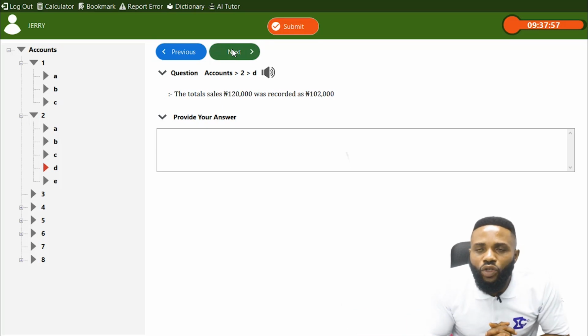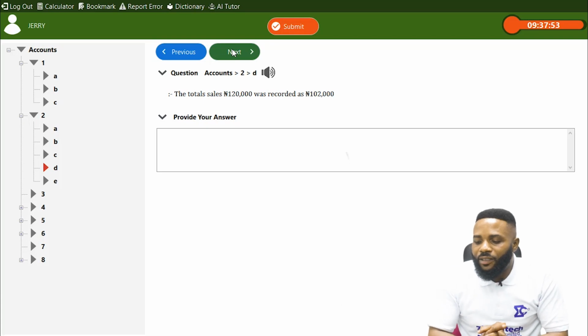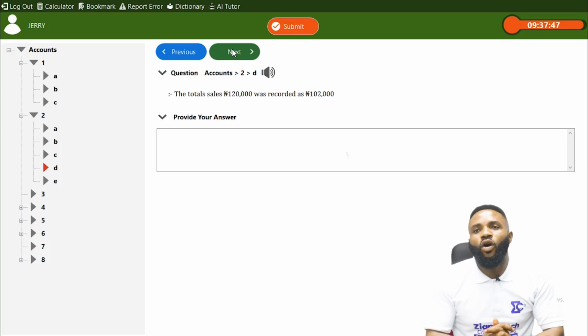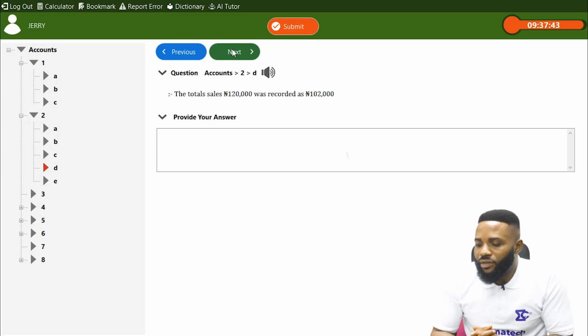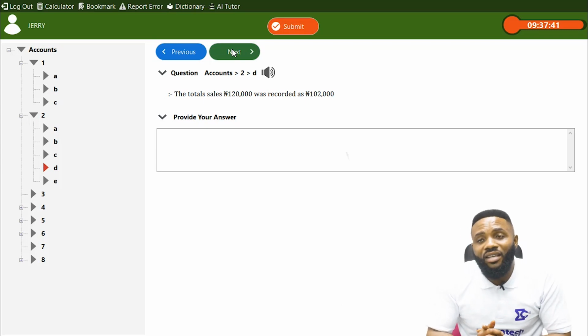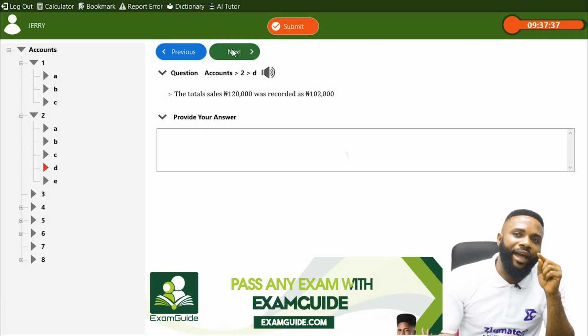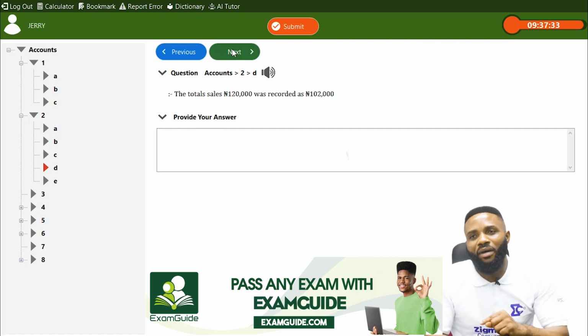The total sales of 120,000 was recorded as 102,000. This is what we call undercasting error. Every time you have this error of undercasting, it will definitely affect the total of the trial balance.